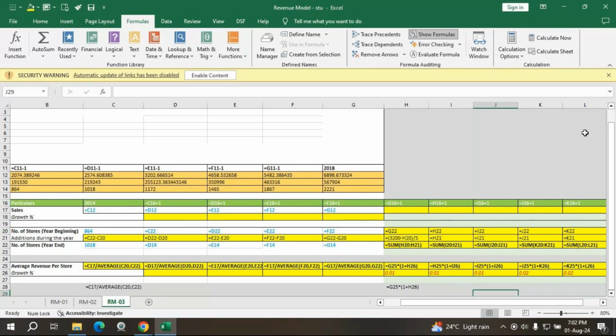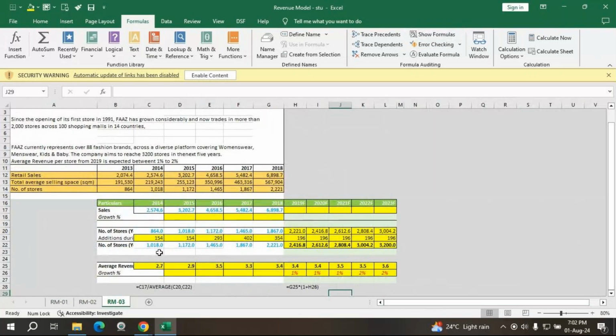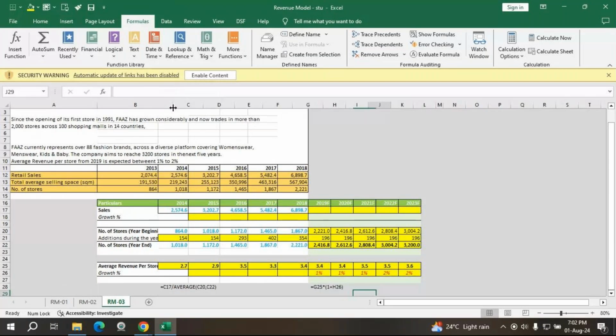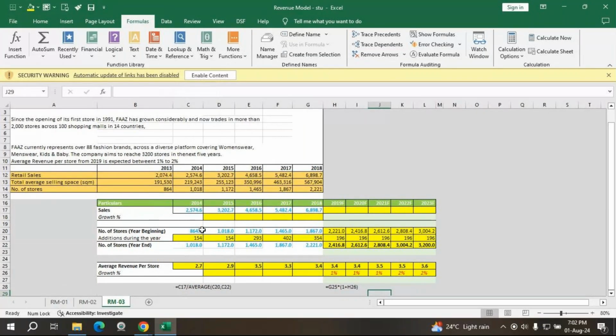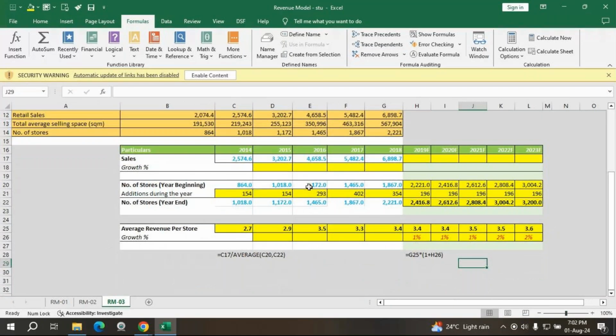Ma'am, I did not understand, can you explain? Which one? Ma'am, why are we calculating average revenue per store, the average of the number of stores at the start and the number of stores at the end? Here, they have given the sales, and how many stores there were in the beginning.